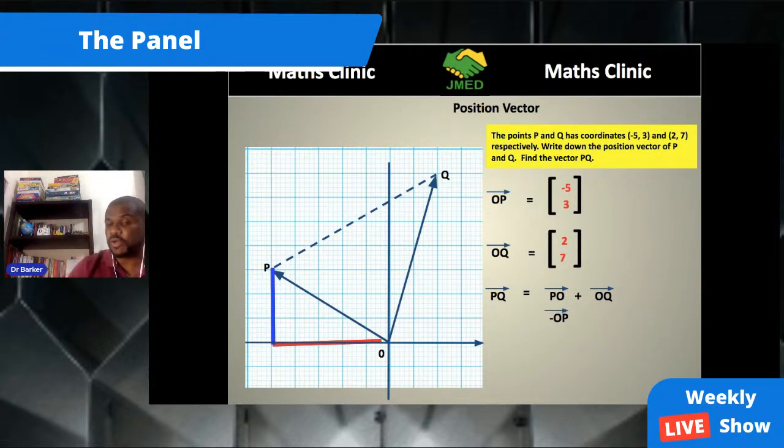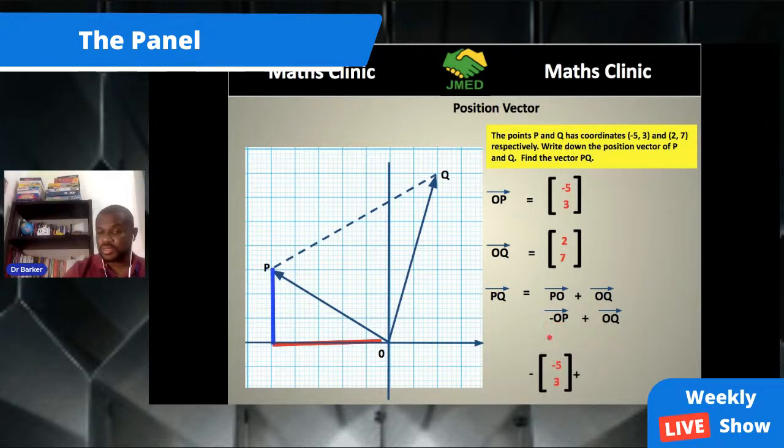So I'm rewriting PO as minus OP, all right? OQ we already have, so we don't need to change anything. But OP we do not have. We just know this is the relationship between the two. So from PO, we just need to change the sign and we'll now be able to apply that. How does that work? Let's see.